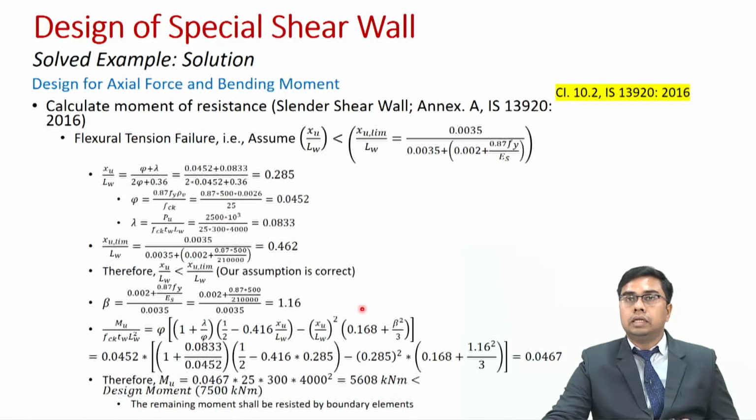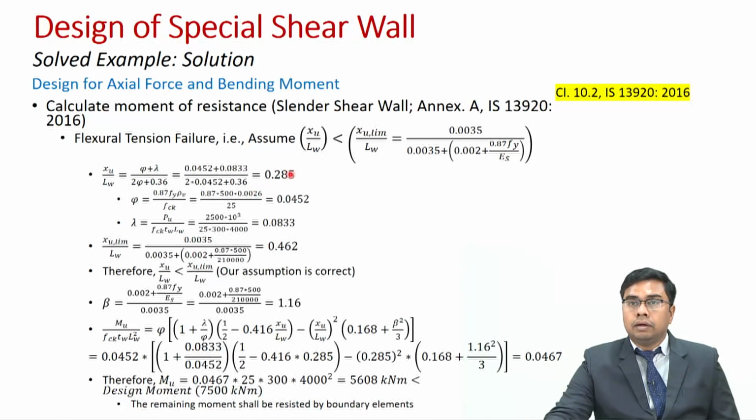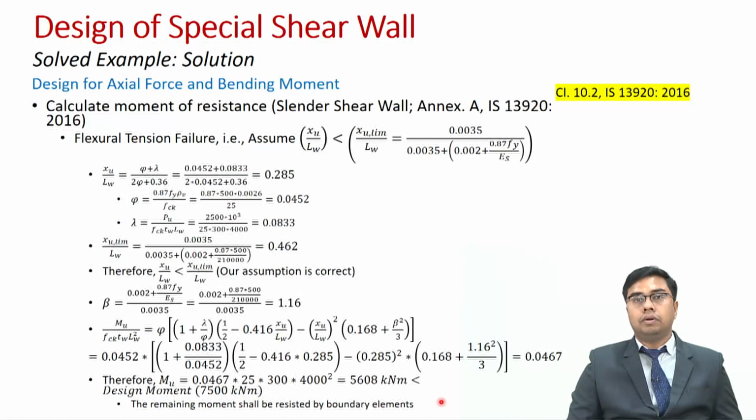Remember that this calculation is only for the wall web, which means the length of 4 meter. The boundary elements on either side, that is 300 by 500 millimeters, have not yet been accounted for. So we believe that the remaining roughly 1900 kilonewton meter of moment shall be resisted by those boundary elements, but we need to design those boundary elements.